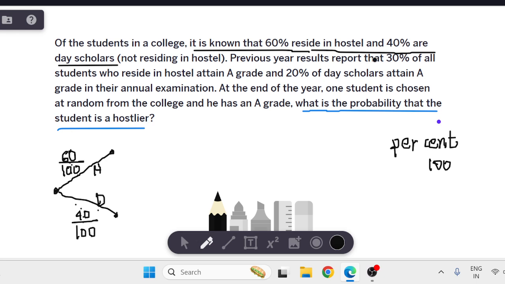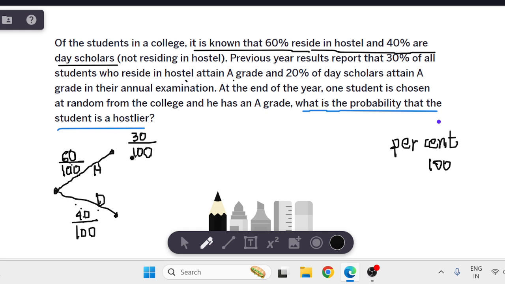Previous year results report that 30% of all the students who reside in hostel attain A. So here you might have a confusion that this is out of 1. So again 30% will give 30 by 100. Isn't it? It is 30%.